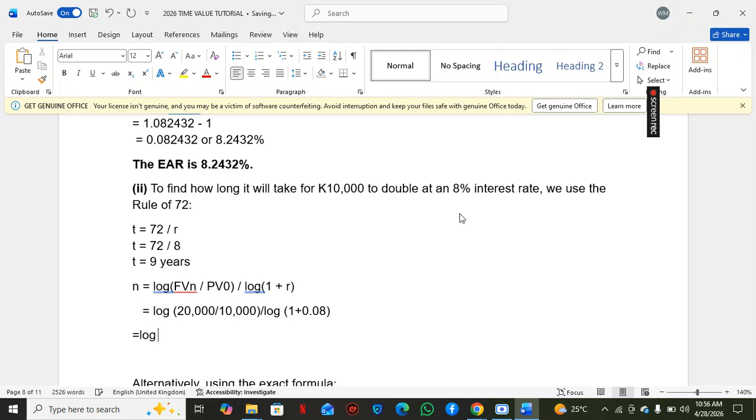So it's going to be log of 20,000 divided by 10,000, that is 2, divided by the log of 1 plus 0.08, that is 1.08. Log 2 divided by log 1.08. So log 2 is 0.301.